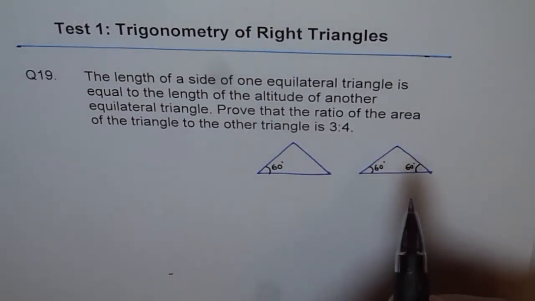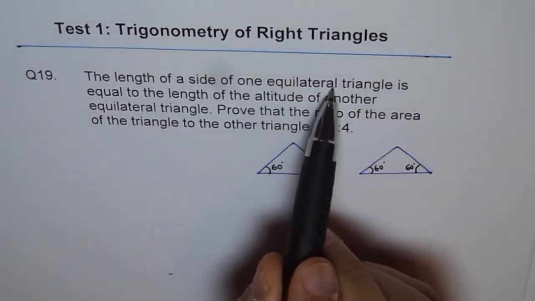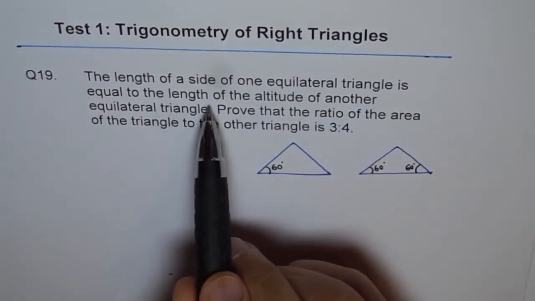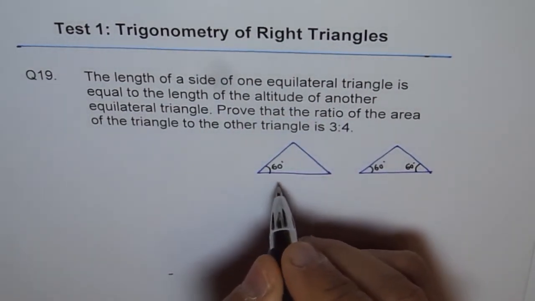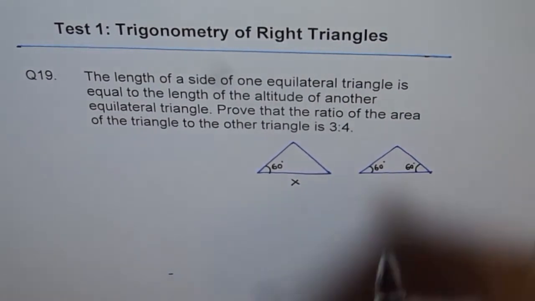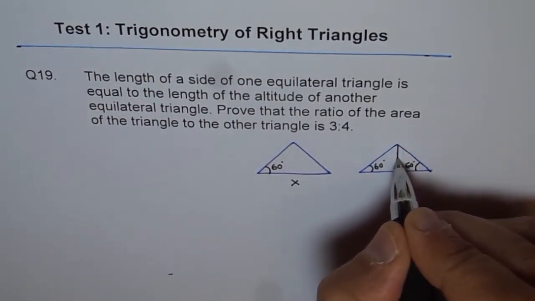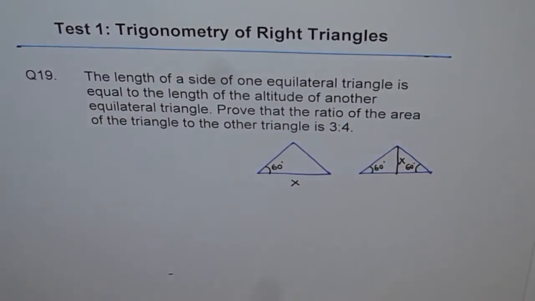Now, important thing here is that the length of a side of one equilateral triangle is equal to the length of the altitude of the other. So let's say this is the first one, and the side length is, let us say, x. Then in this case, altitude is x. That is what is given.